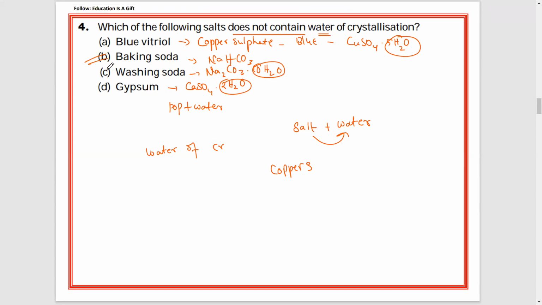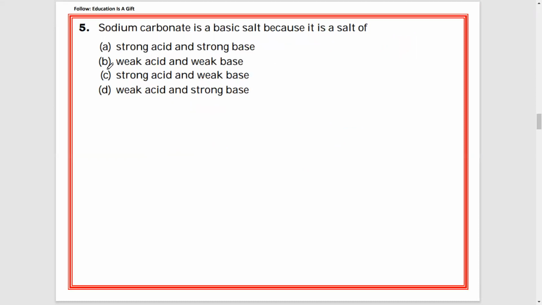Next question, number 5. Sodium carbonate is a basic salt because it is a salt of... We know how salts are formed. Acid combining with base gives salt. Of course, we have two types of acids, strong acid and weak acid, and two types of bases, strong base and weak base.